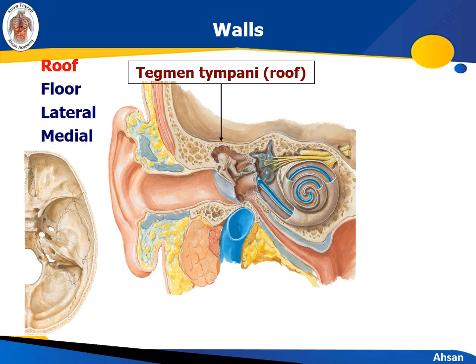This is the tegmen tympani that forms the roof. It is a thin plate of bone that is present in the petrous part of the temporal bone. You can see on the left side the black arrow is showing the tegmen tympani, and it is in the floor of the middle cranial fossa.